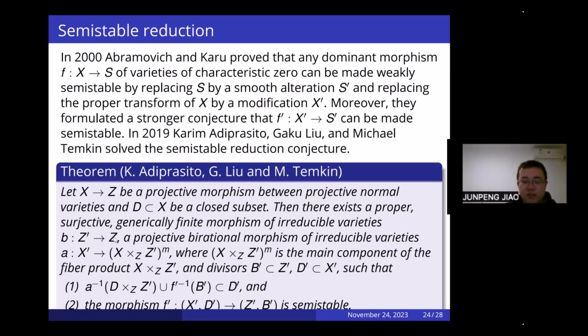Then there exists a projective, surjective, generically finite morphism of irreducible varieties Z prime to Z, a projective birational morphism of irreducible varieties X prime to the main component of the fiber product, and two divisors B prime in Z prime and D prime, such that this D prime contains the inverse image of D and the inverse image of B prime. And second is that the morphism is semi-stable.